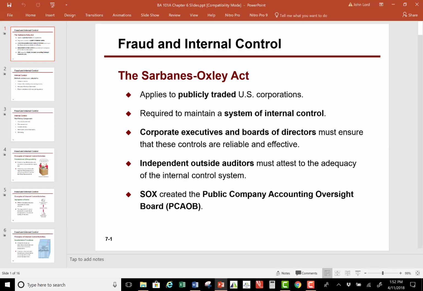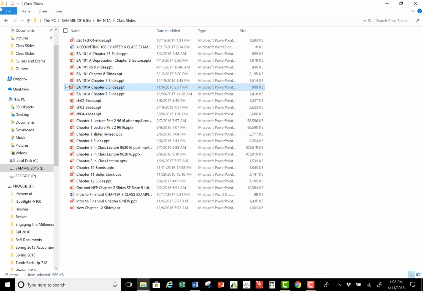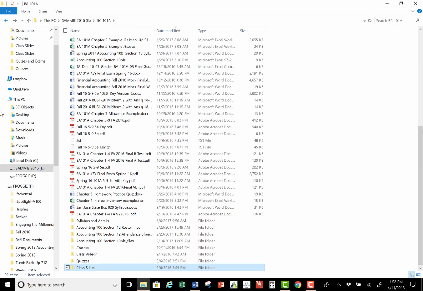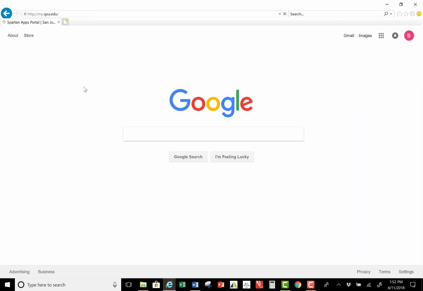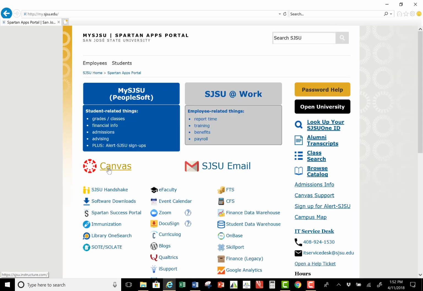Let's see. Probably wrong class. Let me do it this way. Since I have it organized on Canvas, let's get it off of Canvas, and that'll help you remember where it is.